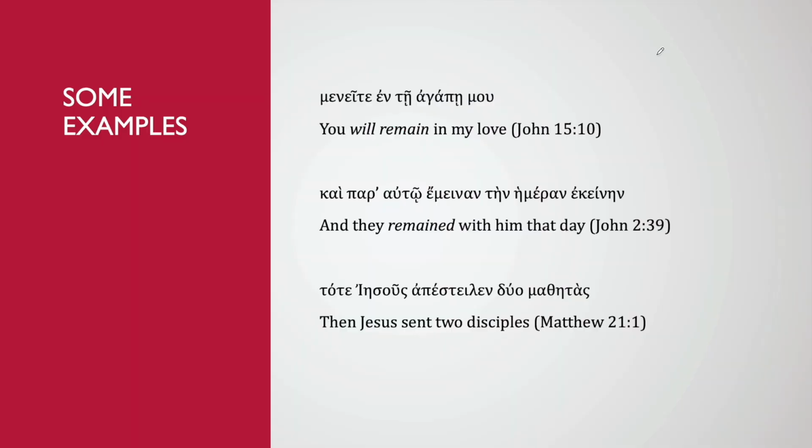Here are some examples. μενεῖτε ἐν τῇ ἀγάπῃ μου. Jesus says in John 15:10 to his disciples, you will remain in my love. And again, the key here is we see the circumflex, and we also see the vowel contraction that happened. καὶ παρ' αὐτῷ ἔμειναν τὴν ἡμέραν ἐκείνην.